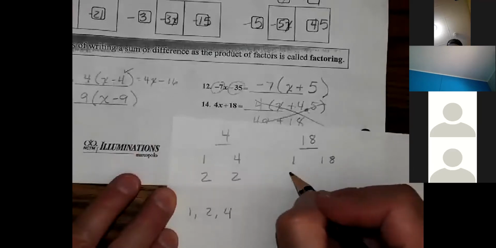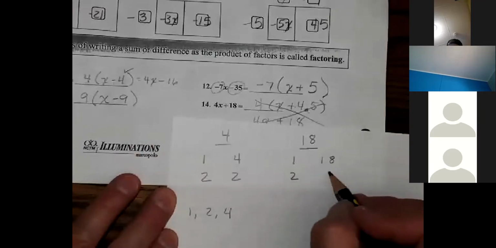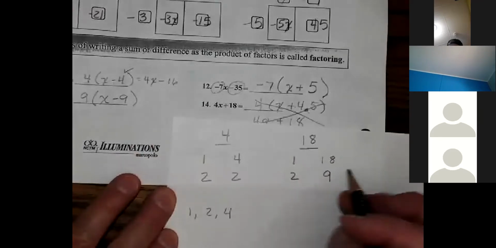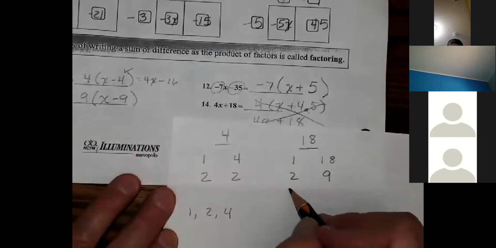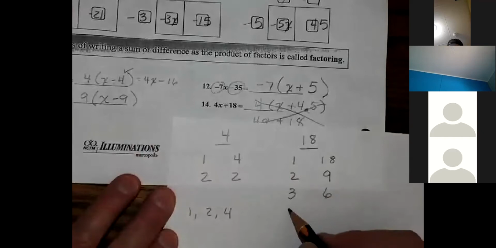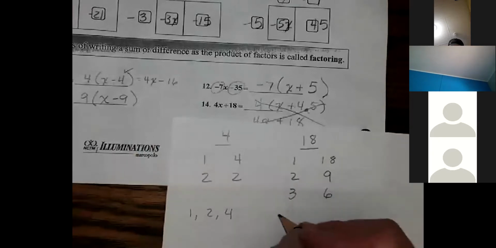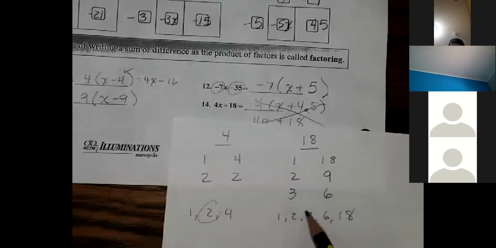The next bigger number is 2, and 2 times 9 is 18. Does 3 divide evenly into 18? Yep, 3 times 6. Does 4 divide evenly into 18? No. 6? Oh, yeah, 6, but it's already on the list. So we're done. If we look at the biggest common factor, it comes out to be just 2.